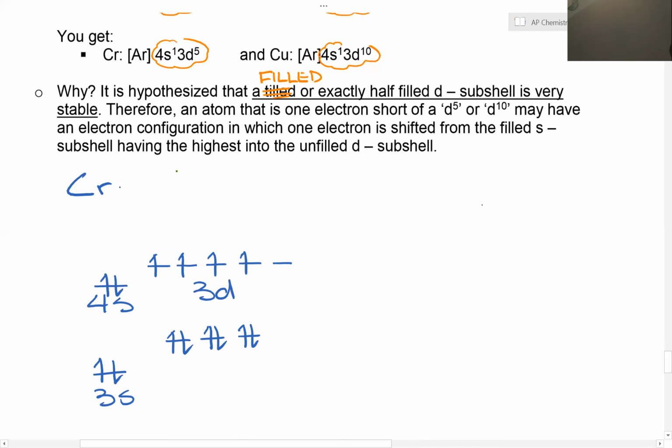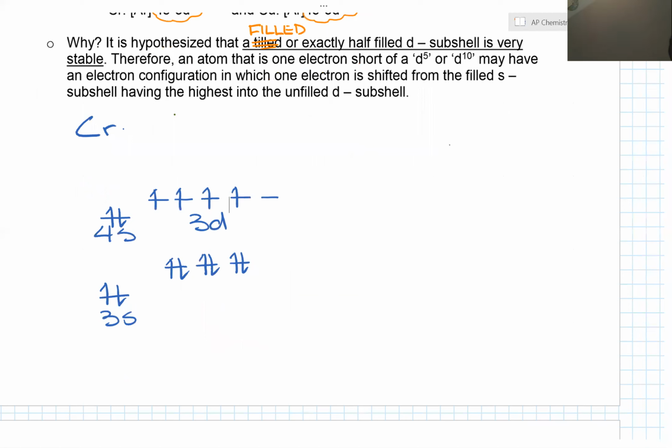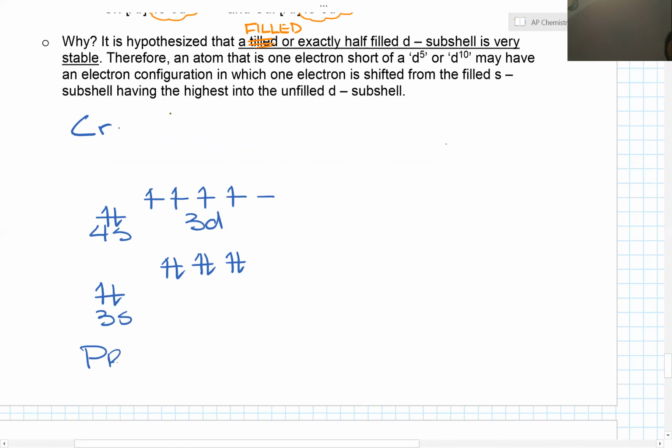Okay, this is what we would predict. But through experimentation, they theorized that it actually looks like this.